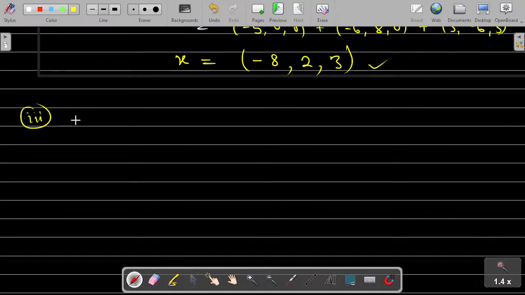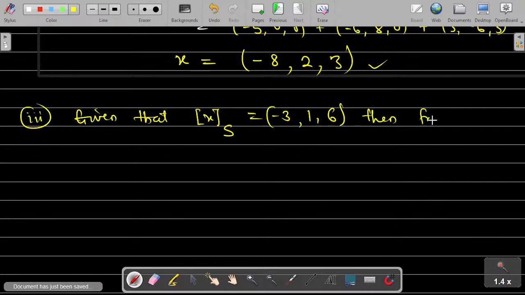So here we are given that the coordinate of vector x relative to the basis s is equal to minus 3, 1, and 6. Then what is the value of x? So what x will generate this coordinate vector?